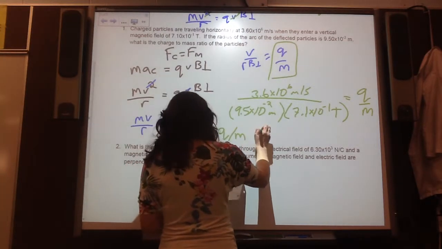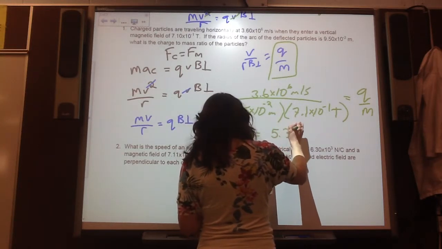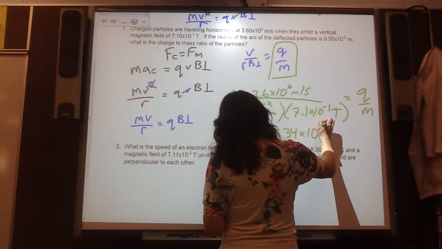So my Q to M ratio then to sig digs would be 5.34 times 10 to the power of 7.